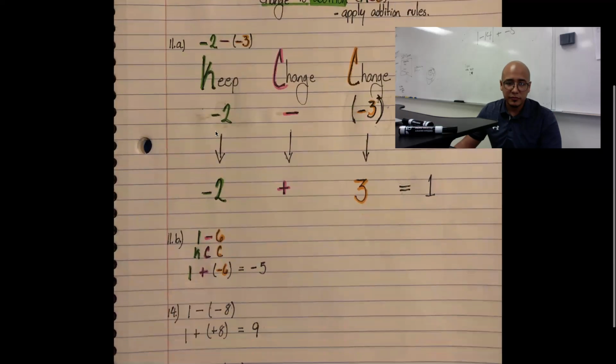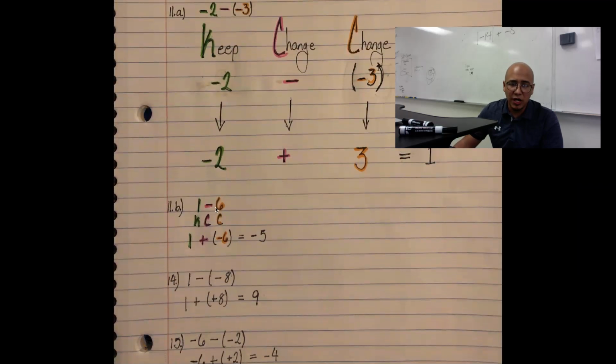All right. Here's another example. 1 minus 6, that would give me a negative number because I'm taking away more than what I have. So I'm going to keep, change the positive 6 to negative 6. Notice how I have more negatives. I'm going to subtract them because they have different signs. 6 minus 1 is 5. So my answer would be negative 5. Here's another one. 1 minus negative 8.